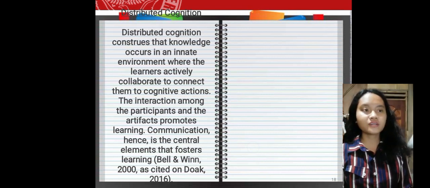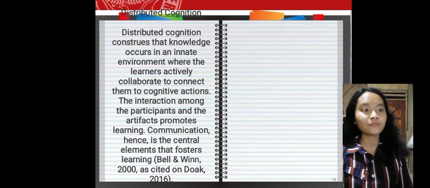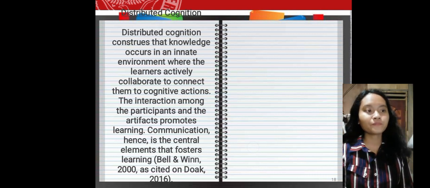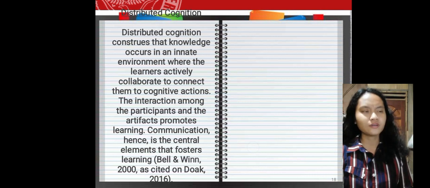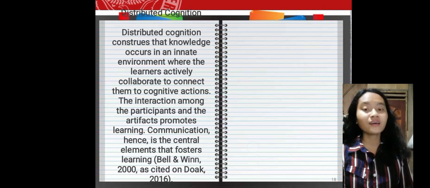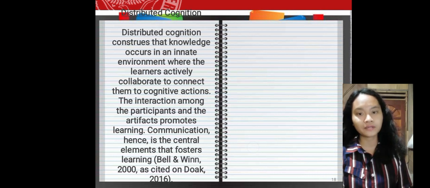The second theory is distributed cognition. So distributed cognition construes that knowledge occurs in an innate environment where the learners actively collaborate to connect them to cognitive actions. The interaction among the participants in the artifacts promotes learning. Communication, hence, is the central element that fosters learning.